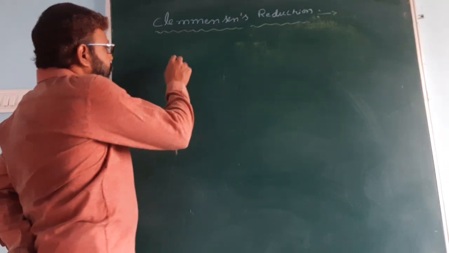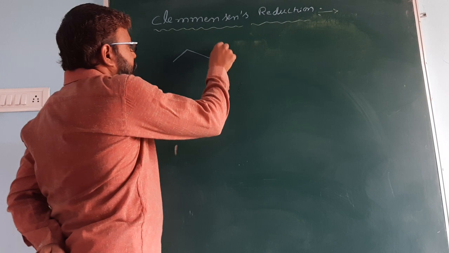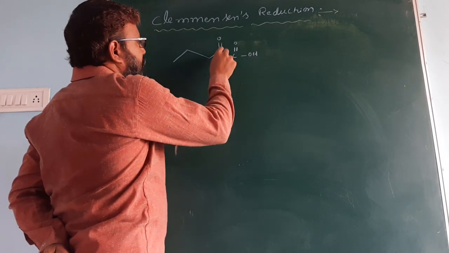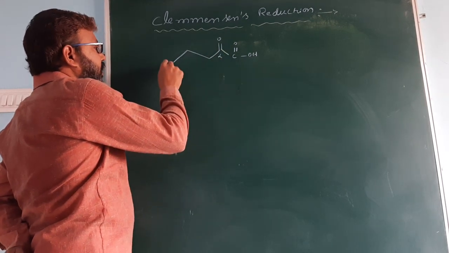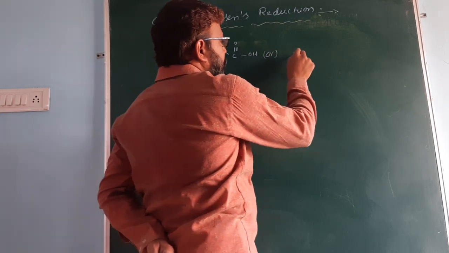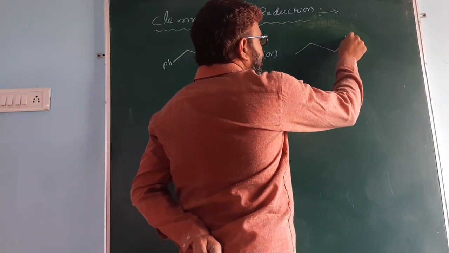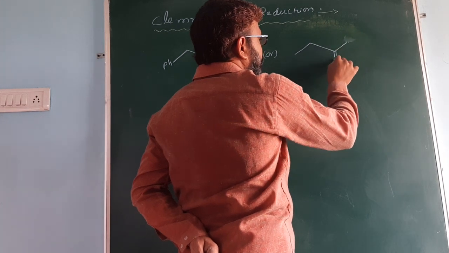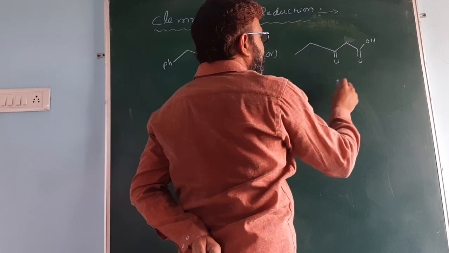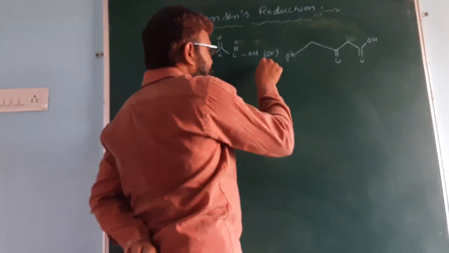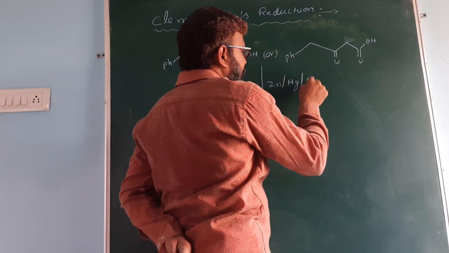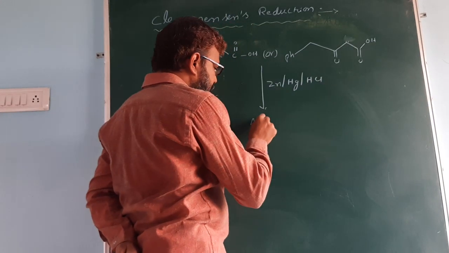So for example, it is alpha ketocarboxylic acid with phenyl ring, or beta ketocarboxylic acids with phenyl ring undergo reduction with Zn, Hg and HCl, no reaction.